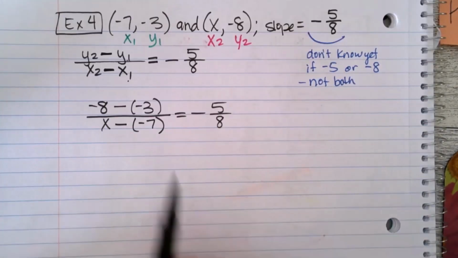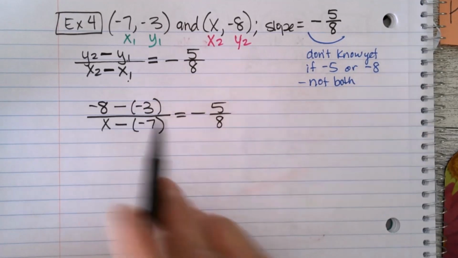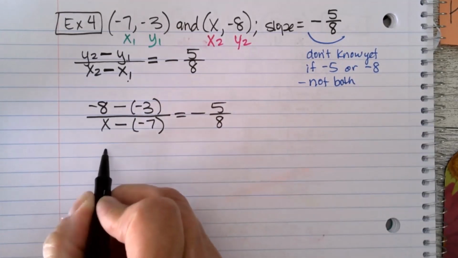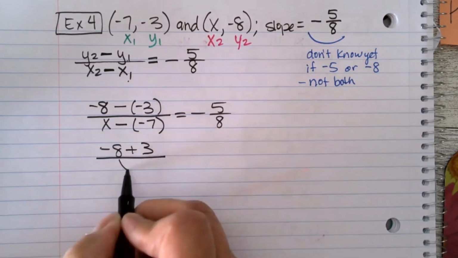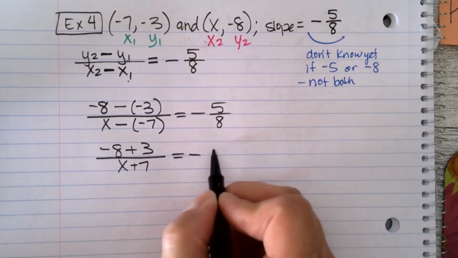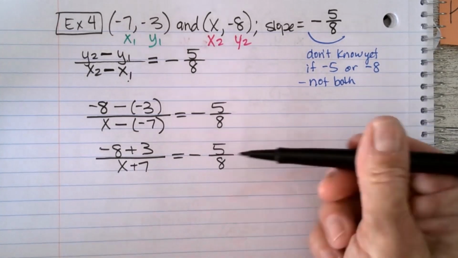I'm going to clean up these double negatives. When you're subtracting a negative number, it turns into a plus. So we now have negative 8 plus 3 over x plus 7. And that still equals negative 5/8, but I think in the next line we're going to know exactly which one of these is going to get the negative sign.